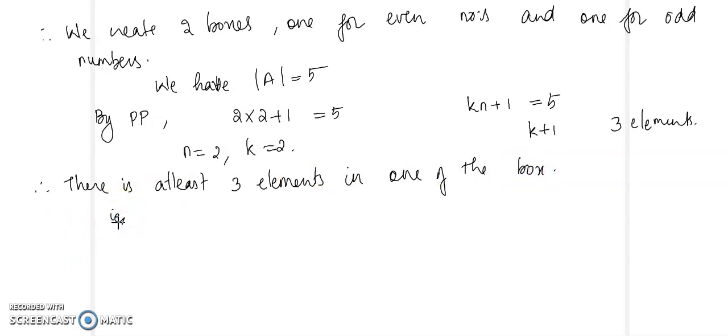So that is, there are 3 elements which are either all even or all odd. So let us take the 3 elements to be, say, ai1, ai2, ai3. So there are at least 3 elements in one of the boxes, that is, there are 3 elements which are of the same parity.